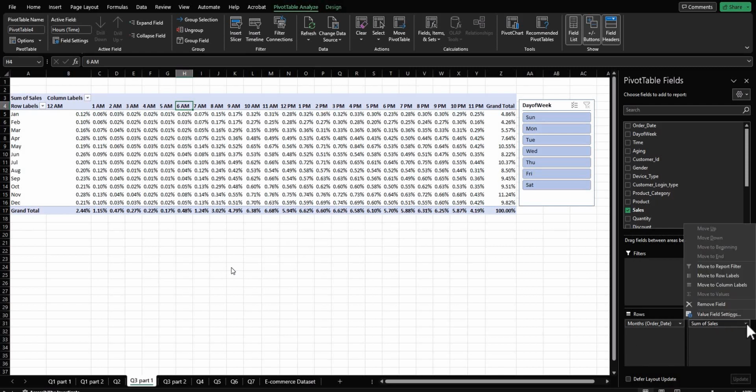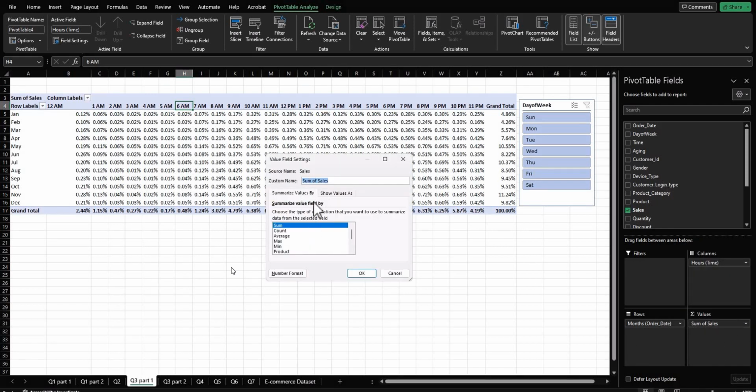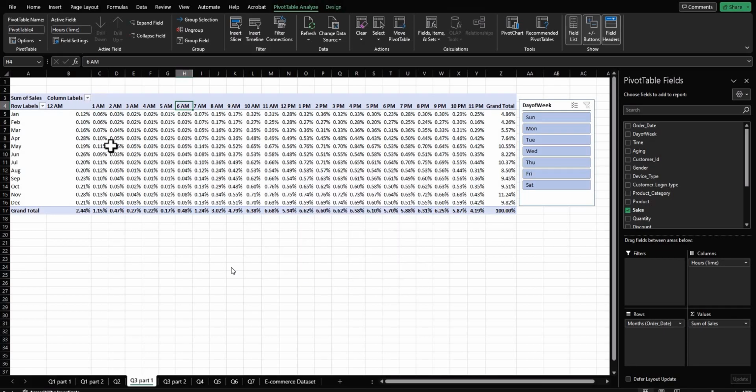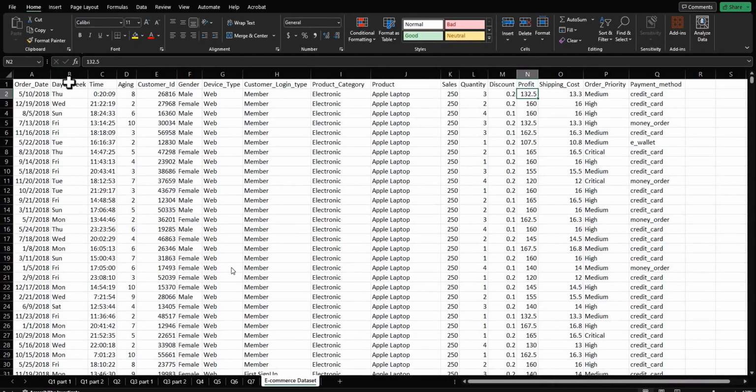I used sum of sales, but I wanted to see the value as percent of grand total because I wanted to see what my sales were across time. And then I created a helper column called days of week. So I just inserted a column, and I used this formula right here, equals TEXT, A2, which is that cell right there, and then comma, quote, DDD, close parentheses.